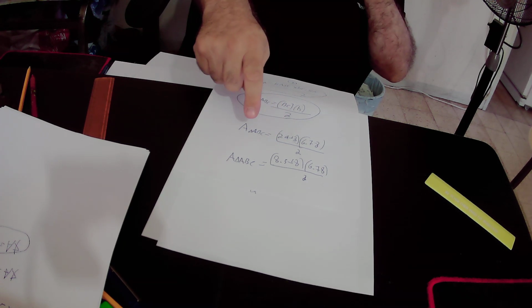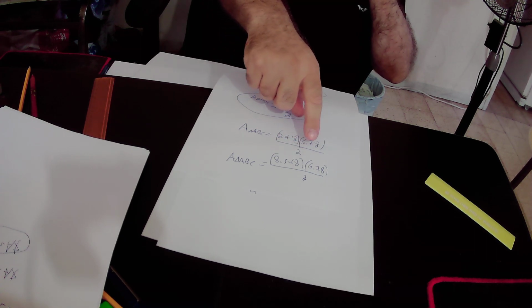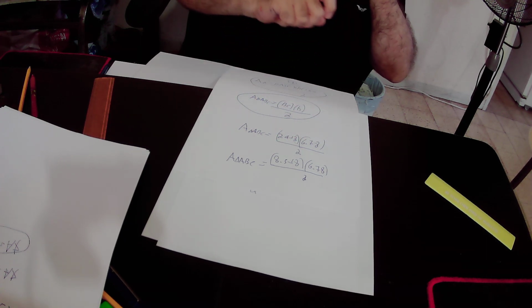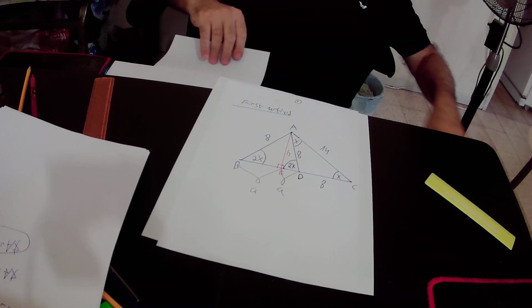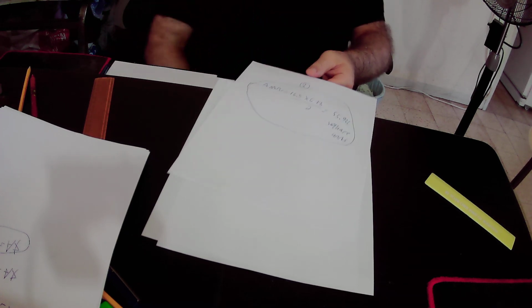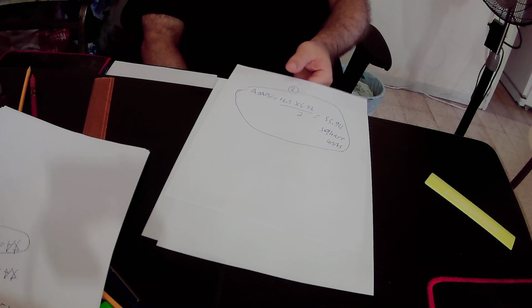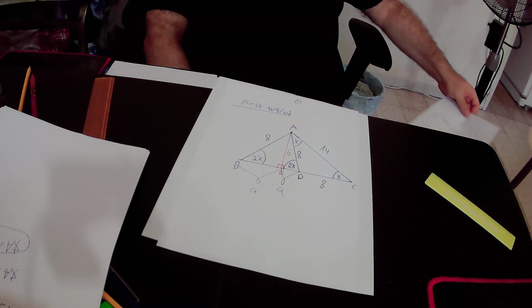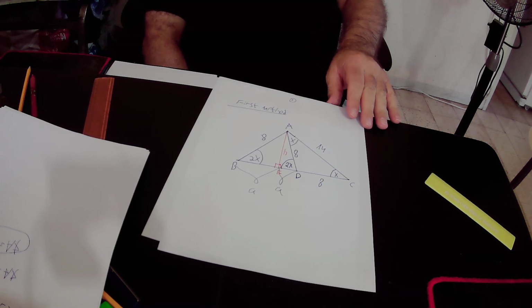So the area of triangle ABC equals 8.5 plus 8 times 6.78 over 2. Okay, so we found out that the area of triangle ABC, according to the first method, equals 55.935 square units.